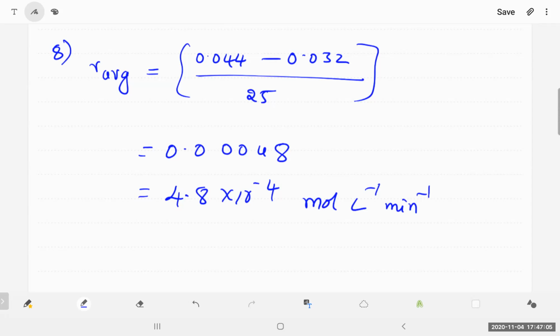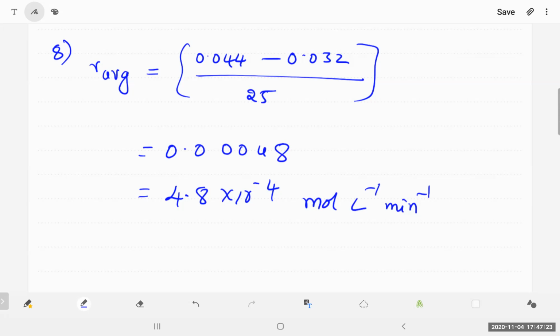Ninth question. For a reaction 2A plus B plus C gives rise to products, the rate law is given by rate is equal to k into A into B square, and the rate constant is 2 into 10 power minus 6.